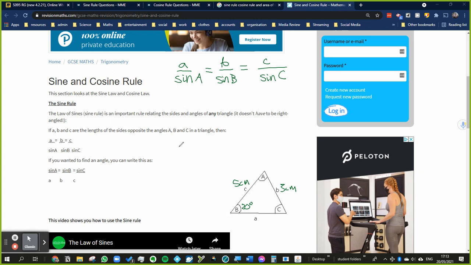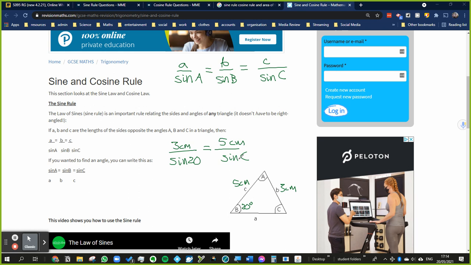It's always going to be that 3 centimeters divided by sine 20 is equal to 5 centimeters over sine whatever C is. And then you can rearrange that to find out what C is, and that's how you would find out the angle. So that's the sine rule.